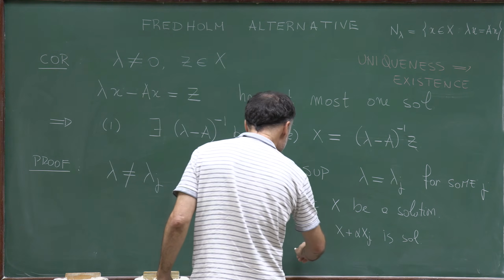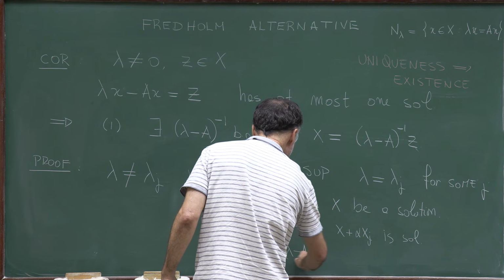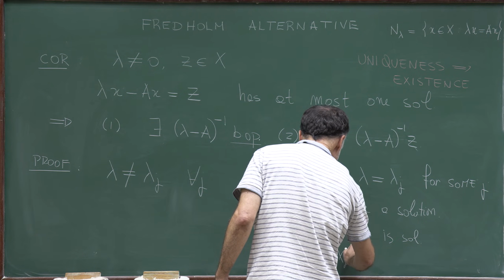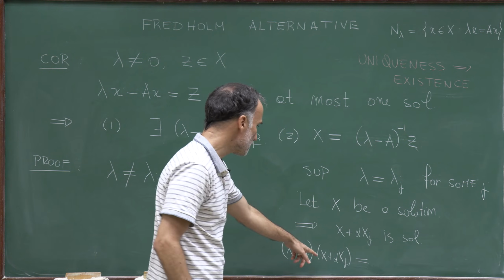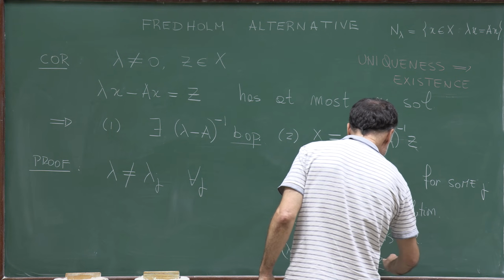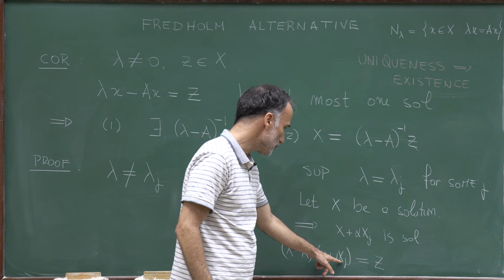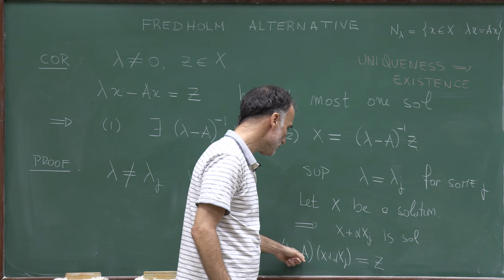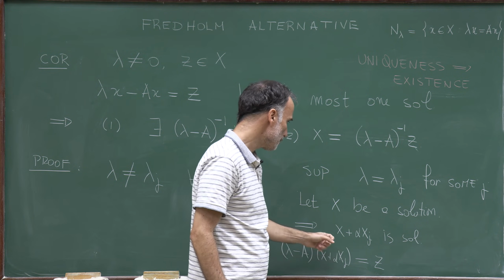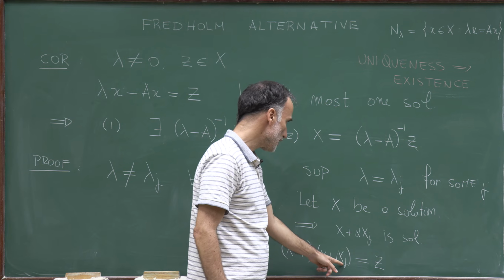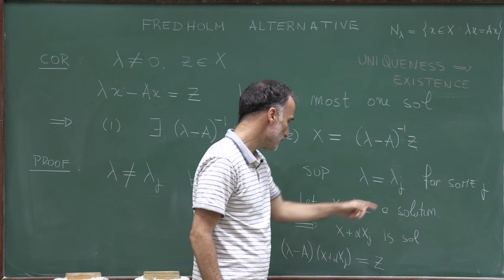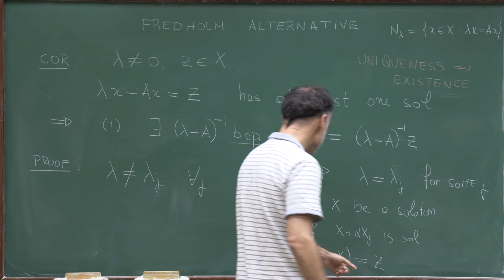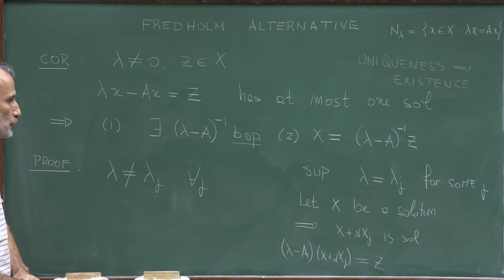Because, well, if you apply λ - A to x plus α x_j, what you get is that (λ - A)x is equal to z, and (λ - A) applied to α x_j is α(λx_j - Ax_j), but Ax_j is equal to λ_j x_j, because x_j is the eigenfunction associated to the eigenvalue λ_j, and this is 0. So this is equal to z, and we get a new solution.